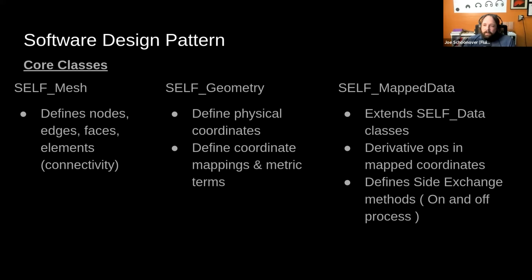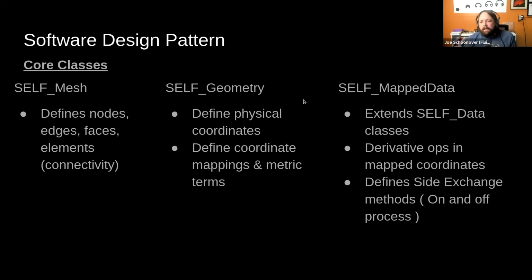And on top of that, we need to have the covariant basis vectors, so the derivatives of those positions with respect to computational coordinates. We need to have contravariant basis vectors, which are calculated from those, in like Jacobians, things like that. Now, the cool thing is we can bootstrap ourselves a little bit to get what we call the self-map data class.